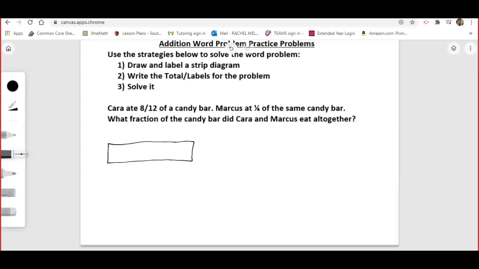Okay. What do I know about that problem that I can put into my strip diagram? Araya, what do I know? That Kara ate 8/12 of the candy bar, and Marcus ate 1/4. Okay. Now, are those going to be the total or the parts?